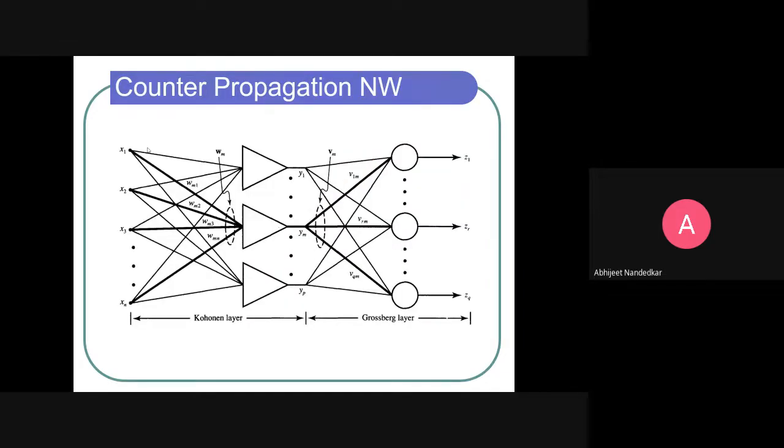Now the next part of this is the counter propagation network, which is basically a combination of 2 layers. So this is the Kohonen layer that we have seen right now, which is based on the WTA algorithm, that is winner take all, and there is a Grossberg layer which is here.